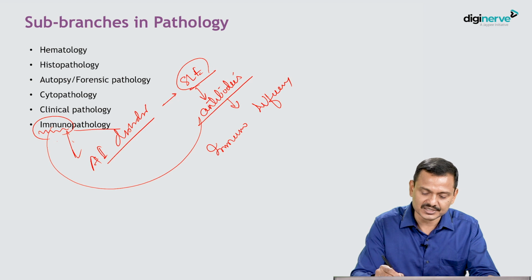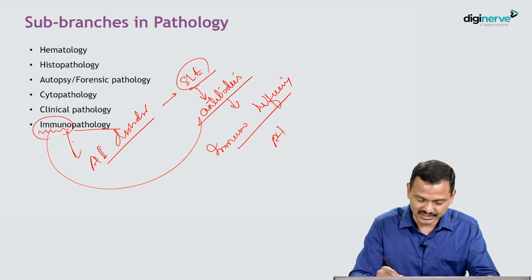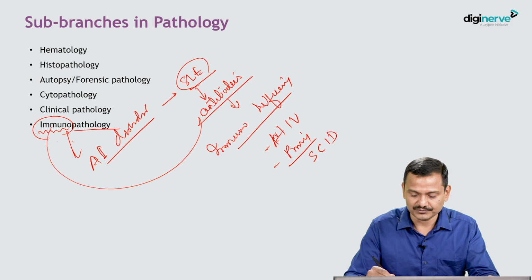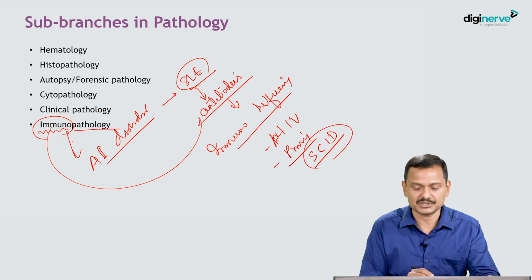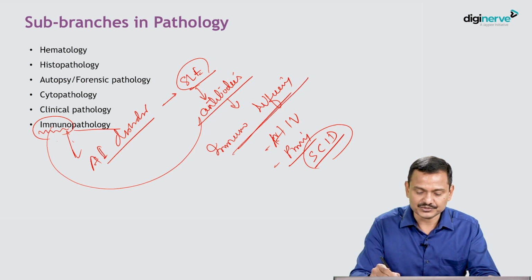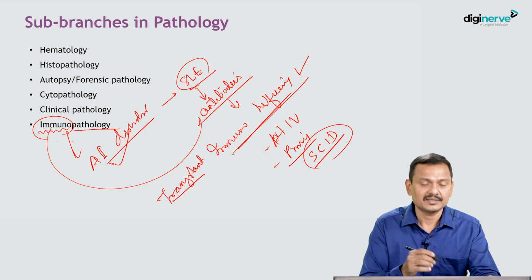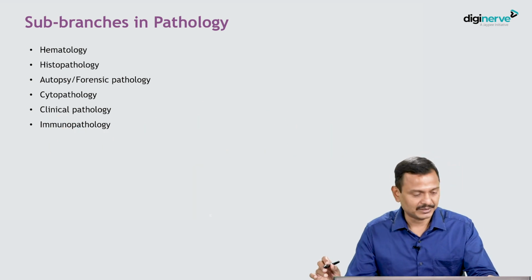Now immunodeficiency disorders like HIV, you can have primary immunodeficiency like you can say severe combined immunodeficiency, okay. This is just one of them. So these immunopathology subjects deal with immunodeficiency disorders, autoimmune disorders as well as transplant disorders, okay. That is about immunopathology.